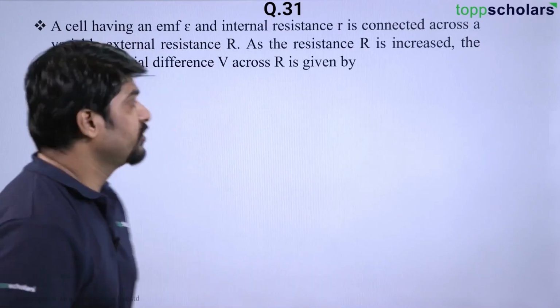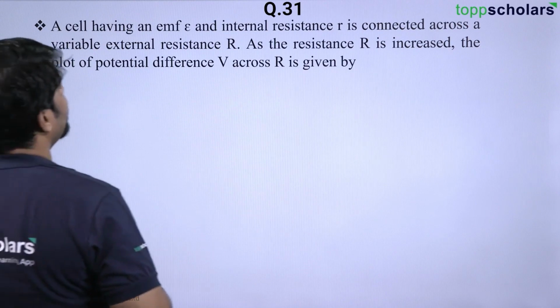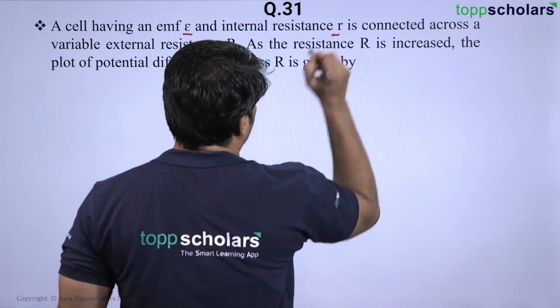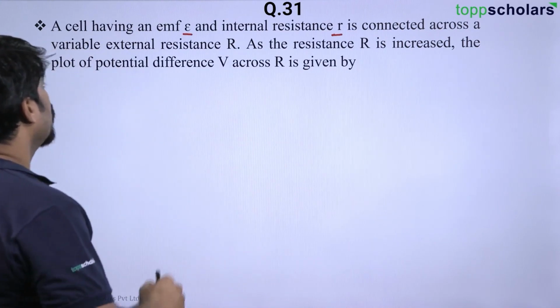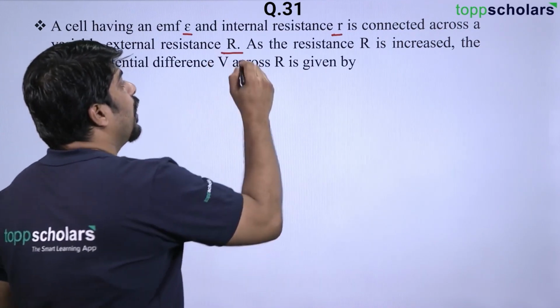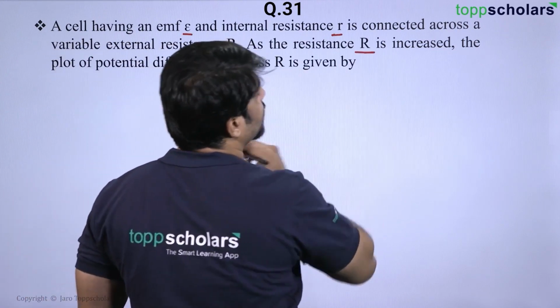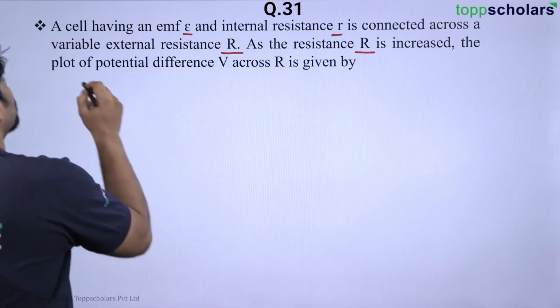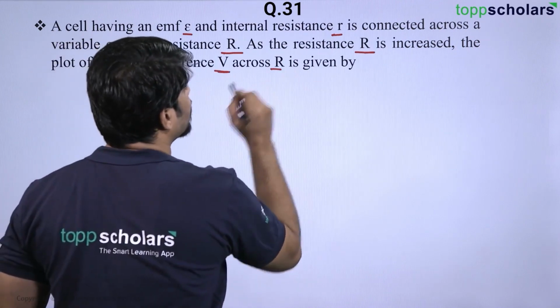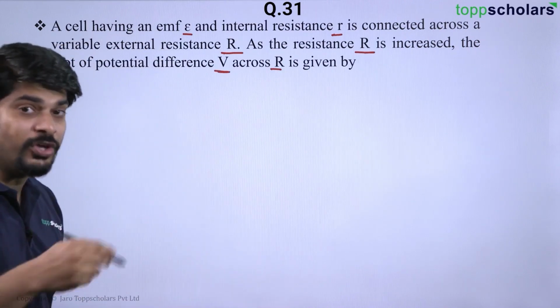So here is another question. A cell having an EMF E and internal resistance small r is connected across a variable resistance capital R. As the resistance R is increased, the plot of potential difference V across R is given by which one of these?